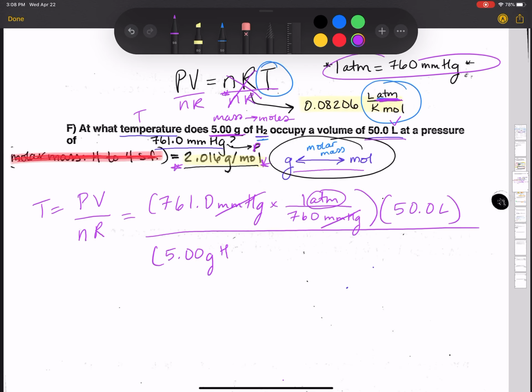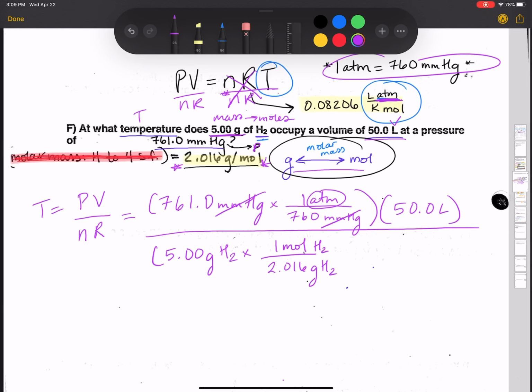If I'm starting with 5.00 grams of H2, I need to make sure my conversion factor for molar mass has grams in my denominator so that those cancel out and I'm only left with moles of H2.